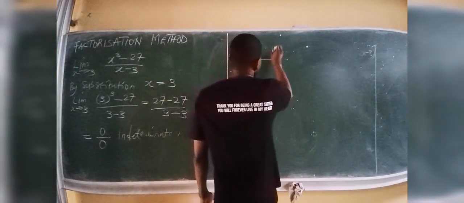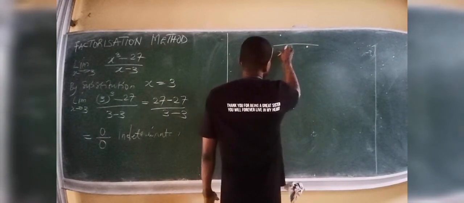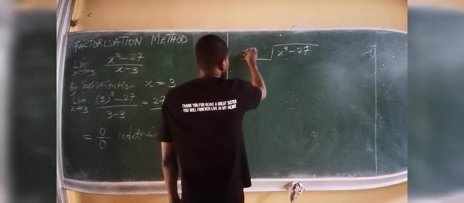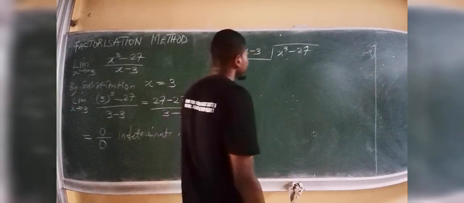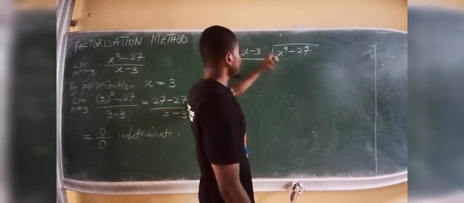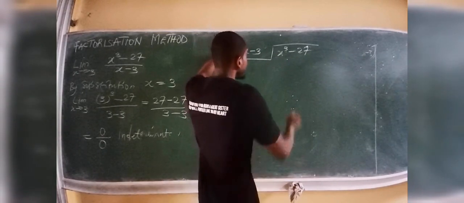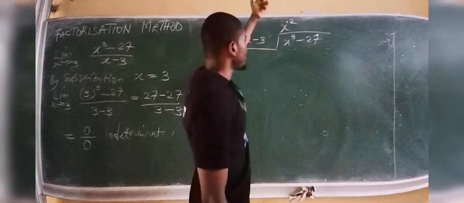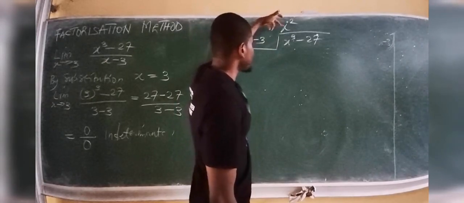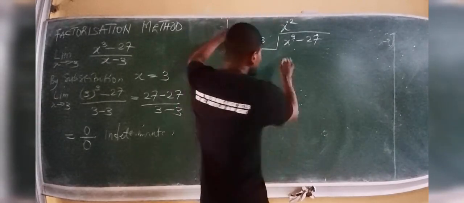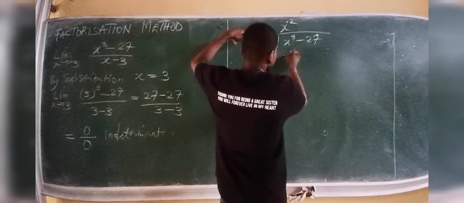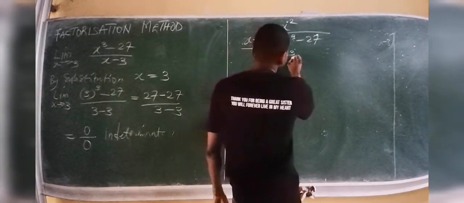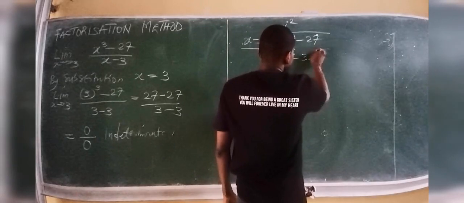So I have here x cubed minus 27 divided by x minus 3. All right, so x cubed goes into x, of course, and I'm left with x squared. So you pull it back now. x squared multiplied by x gives me x cubed, and x squared multiplied by minus 3 gives me minus 3x squared.